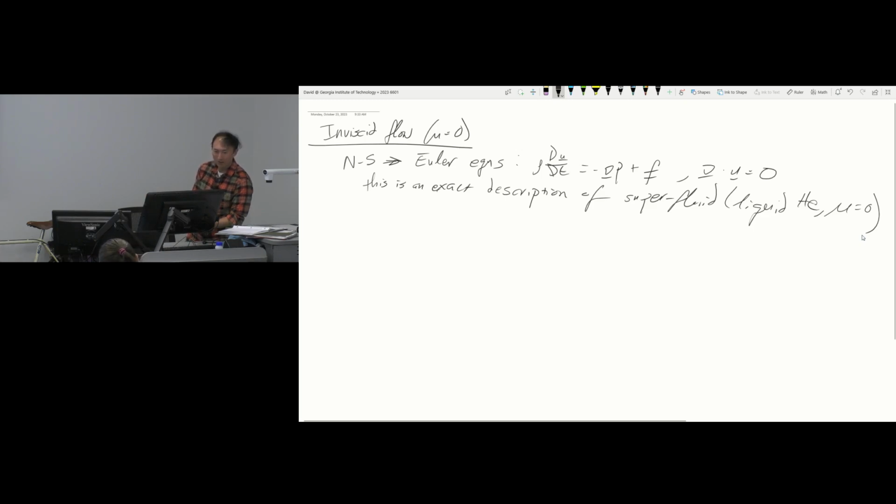If you have a cup of liquid helium, capillarity causes it to keep coming out of the glass, because there's nothing resisting the flow.